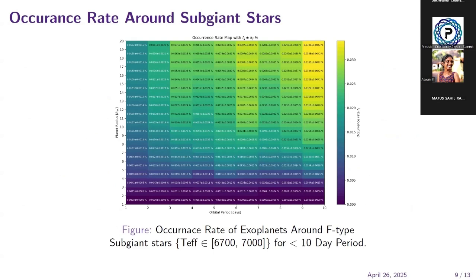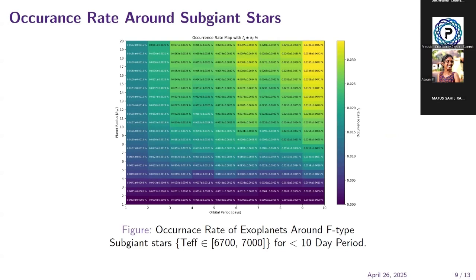So this is the occurrence rate of the exoplanets around subgiant stars. There are two interesting things we see in this plot. One, we see an almost negligible number of planets which are small and close by.